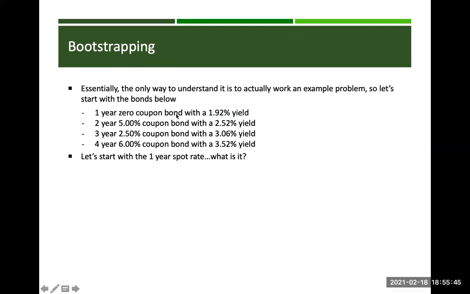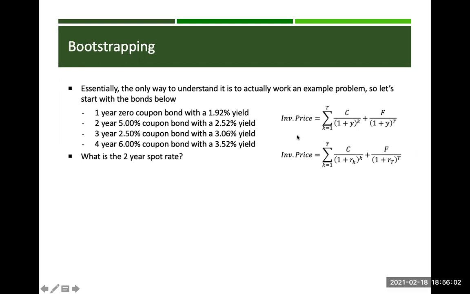It's just 1.92. No calculation required. But then once you get to subsequent spot rates where you have coupon bearing instruments, then it becomes a little trickier. So let's start with the 2 year.